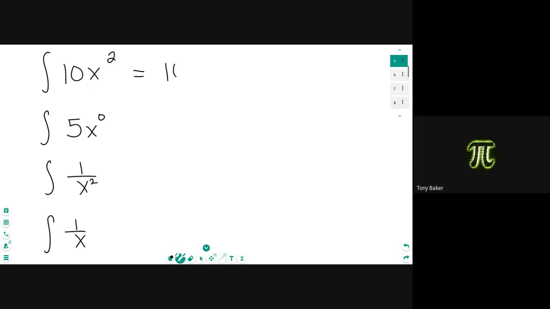We can ignore the 10 for a second because it's just a constant, just like we were doing with derivatives, the coefficients can stay off by themselves. So what's the integral of x squared? If n was 2, we're going to go backwards, right? x to the third divided by 3. So this would be 10 thirds x to the third.